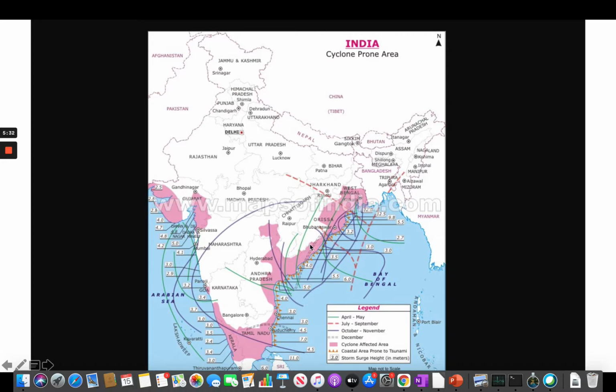So these are the states that are greatly affected, most persistently and continuously affected by the cyclones. Of course you have some states in the west coast also that are affected, but mostly it is the east coast, southeast coast. So that's a quick peek at the areas that are affected by cyclones in India.